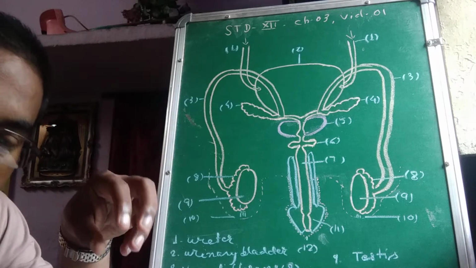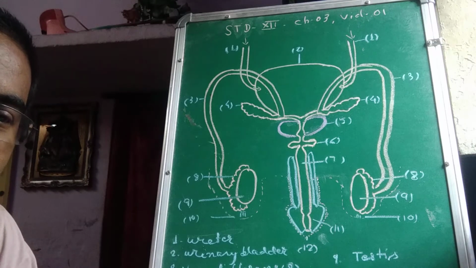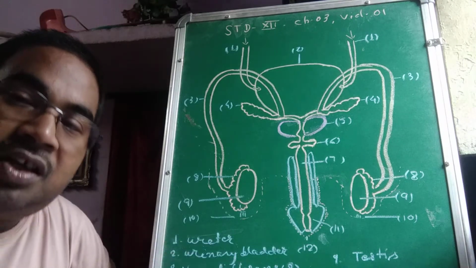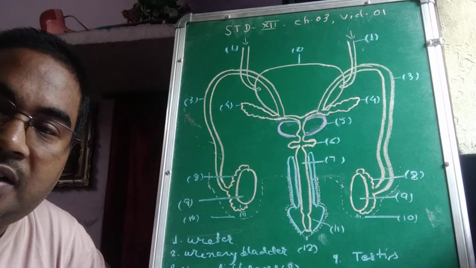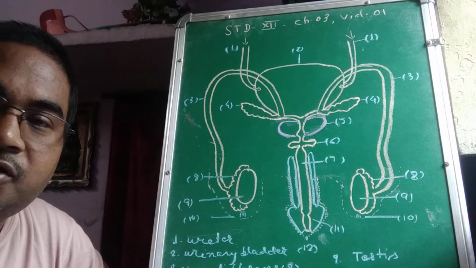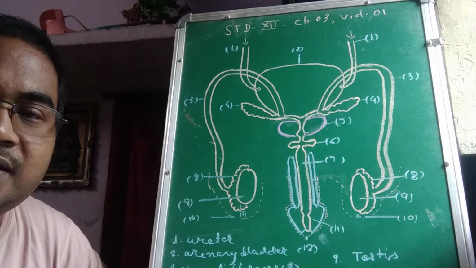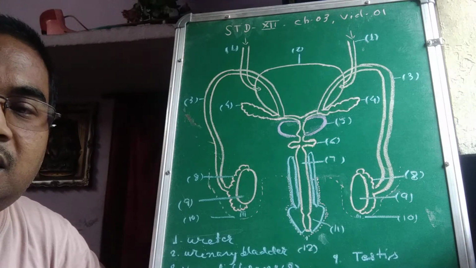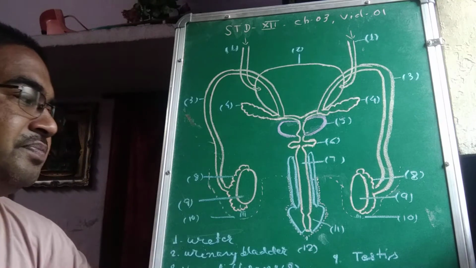Actually, the main function of the testes is to produce sperm, and for the production of sperm the temperature required is 2 or 2.5 degrees Celsius less than our normal body temperature. If our normal body temperature is considered as 37, then 35.5 or 36 degrees Celsius is required for the formation of sperm. That's why both the testes hang outside the body. It is an important question.